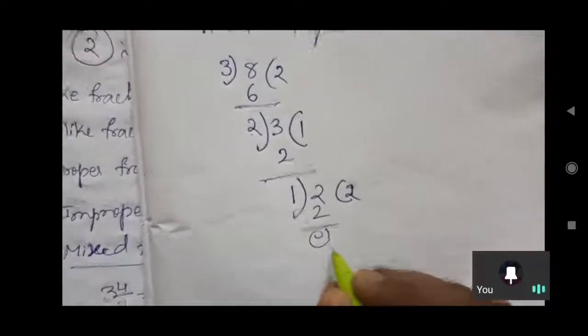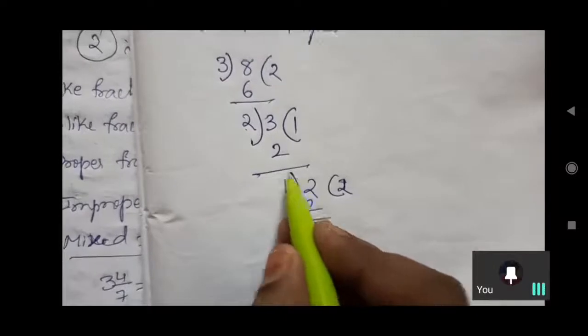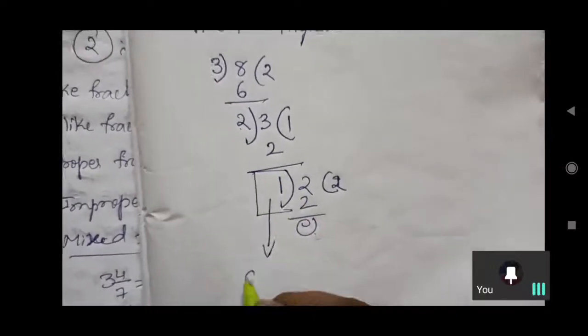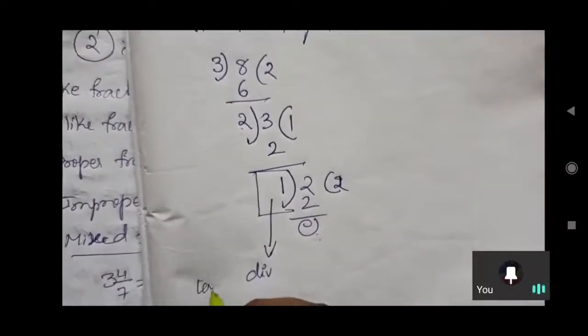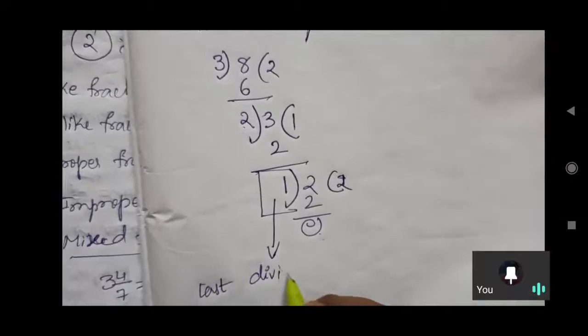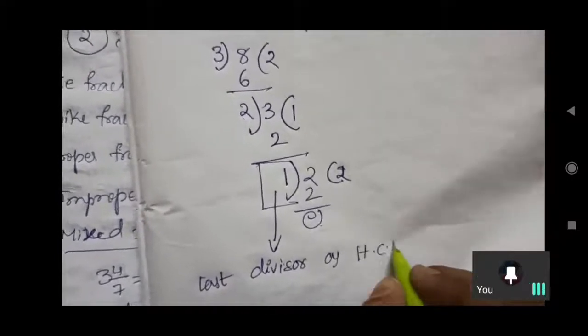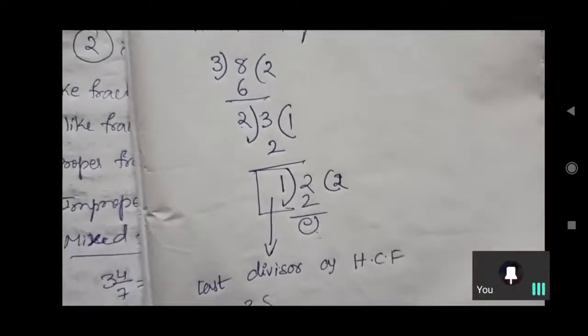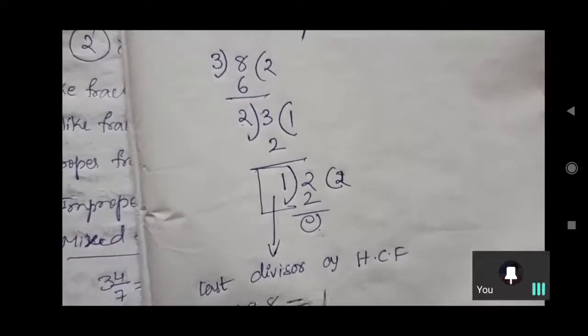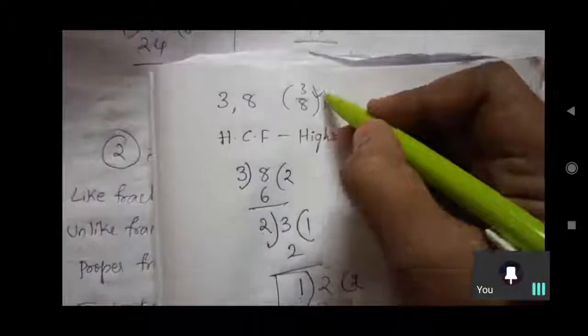Up to here we need to stop. The last divisor is the HCF. So the HCF of 3 and 8 is 1. So 1 means this is in the simplest form.